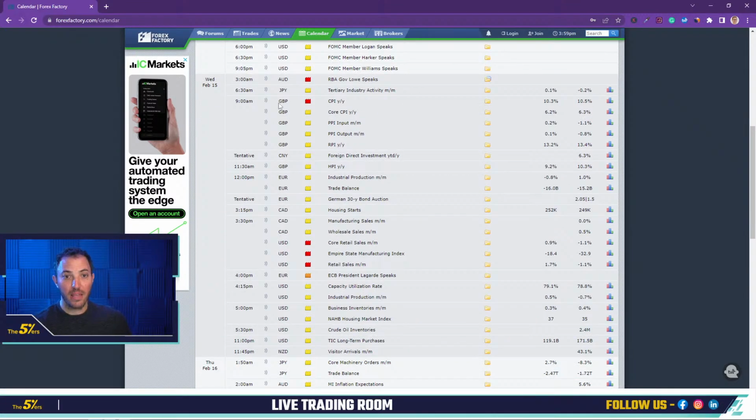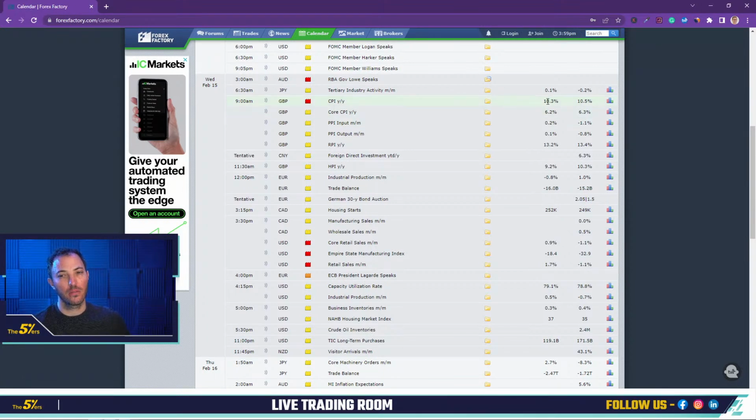Then CPI in the UK. In this case, the inflation is still very high. It's expected to come a bit lower than actual, but still above 10, so we'll see the final number. I do expect more increments in interest rate in GBP.